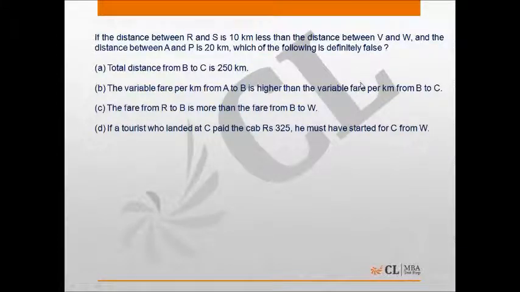In this question, it is given that the distance between R and S is 10 km less than the distance between V and W. Let's check: the distance between R and S is 0.75 of x, and this is 10 km less than the distance between U and V, which is 0.5 of y.